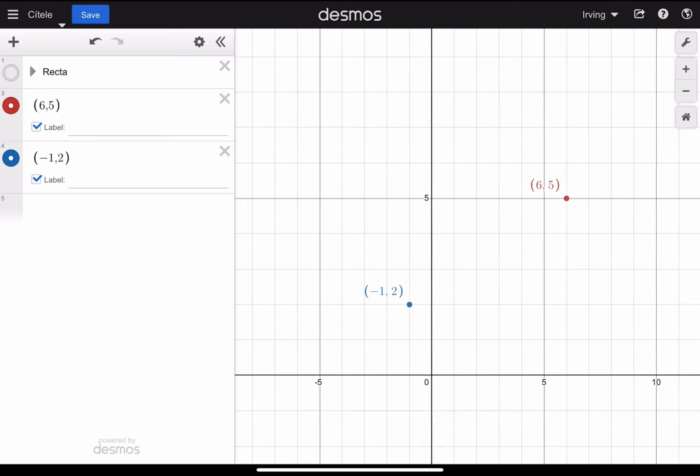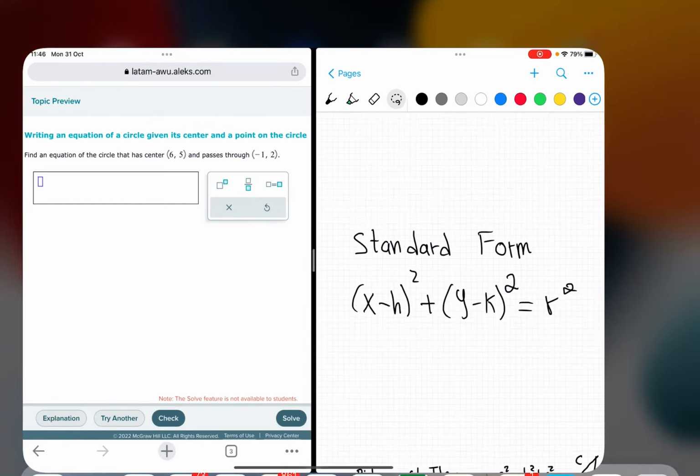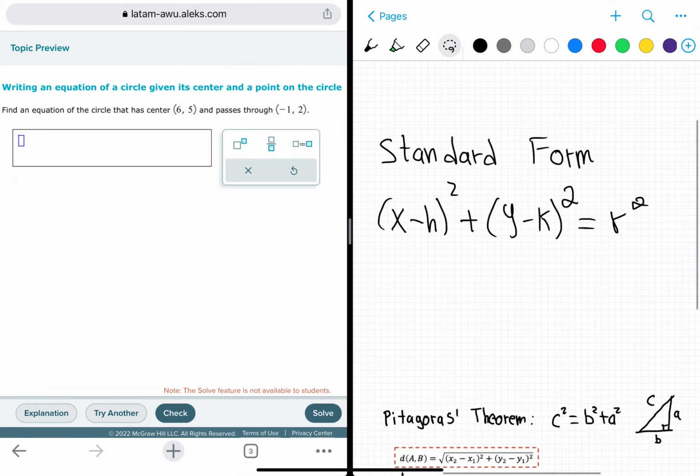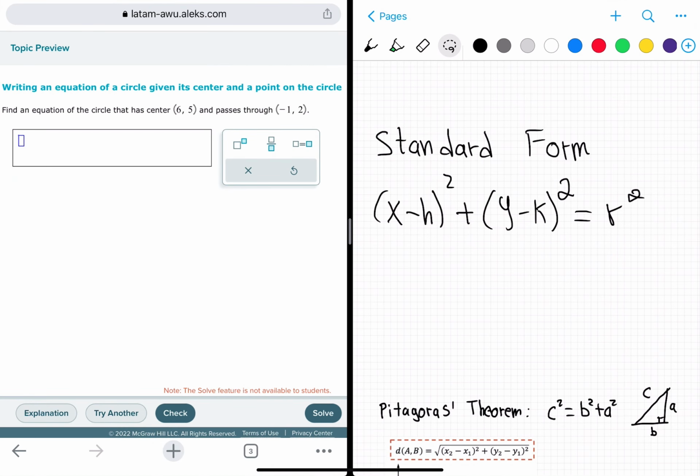First of all, I remember that in the standard form I can write the coordinates of the center just like h and k. So I will take h and k from the problem description, which tells me the circle has center in 6, 5, so that means h, k is 6, 5.